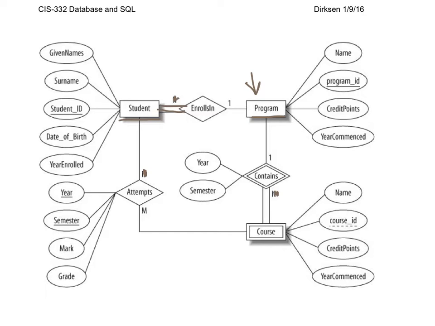You know, maybe the program might be art. Maybe that's one of the programs. Okay? Now the program, a course. Does a course have to be in a program? According to this diagram, yes, a course has to be in a program. One program can have many courses.